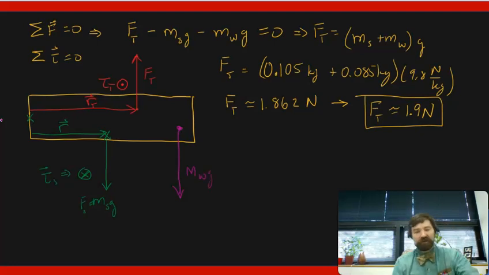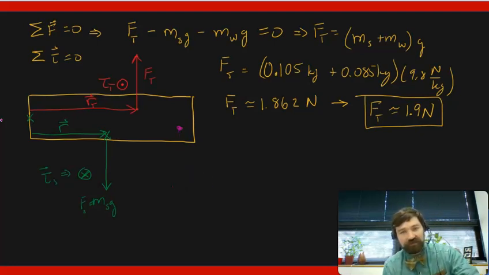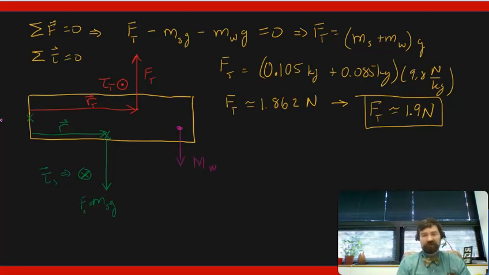And then for the last part, I have somewhere over here a hanging weight, MWG. I'm not necessarily drawing it to scale, but here's MWG, and the radius for the hanging weight would be this one right here.